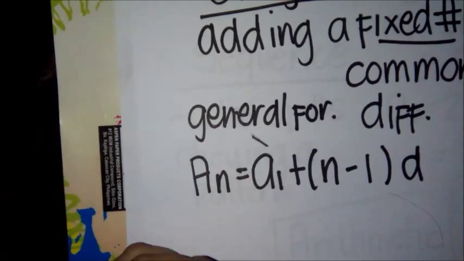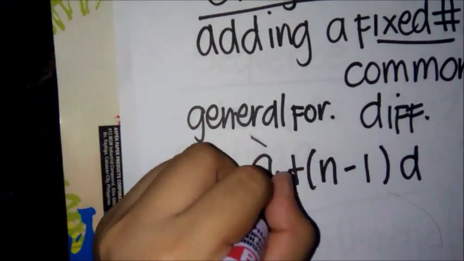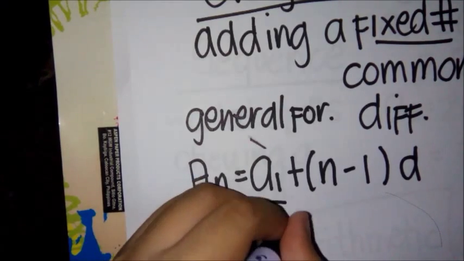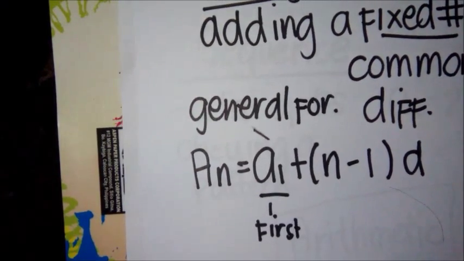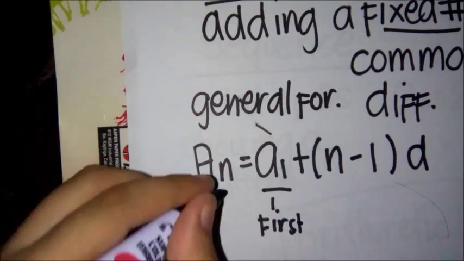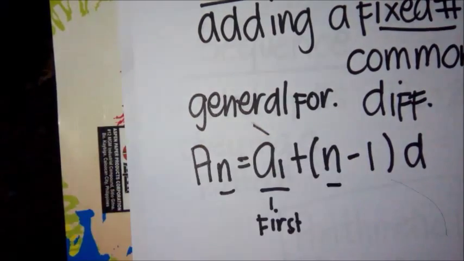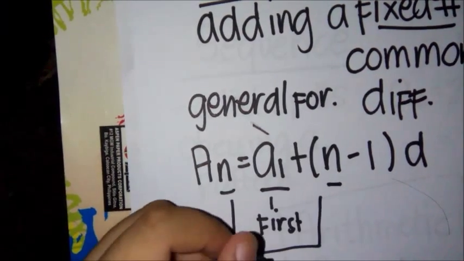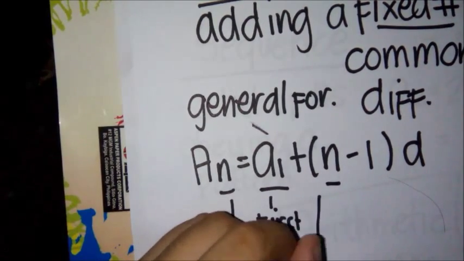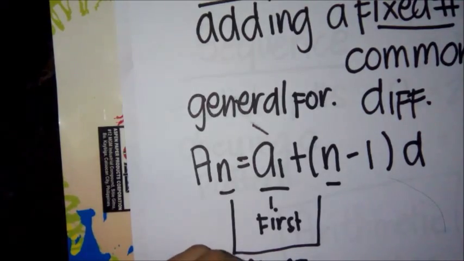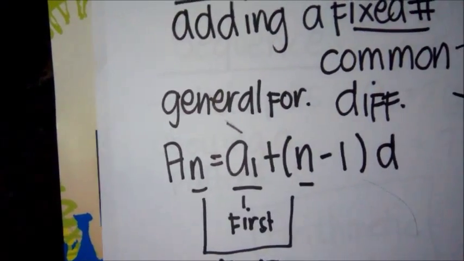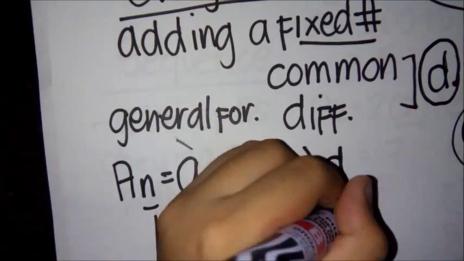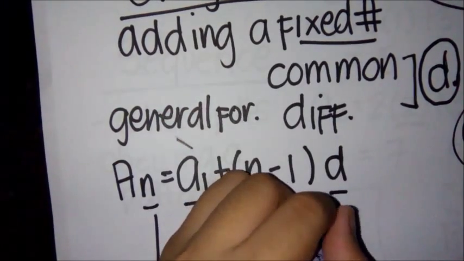So a sub 1 here is the first term, then the n here and also here is your number of terms. And of course, letter D here, as said earlier, is your common difference.